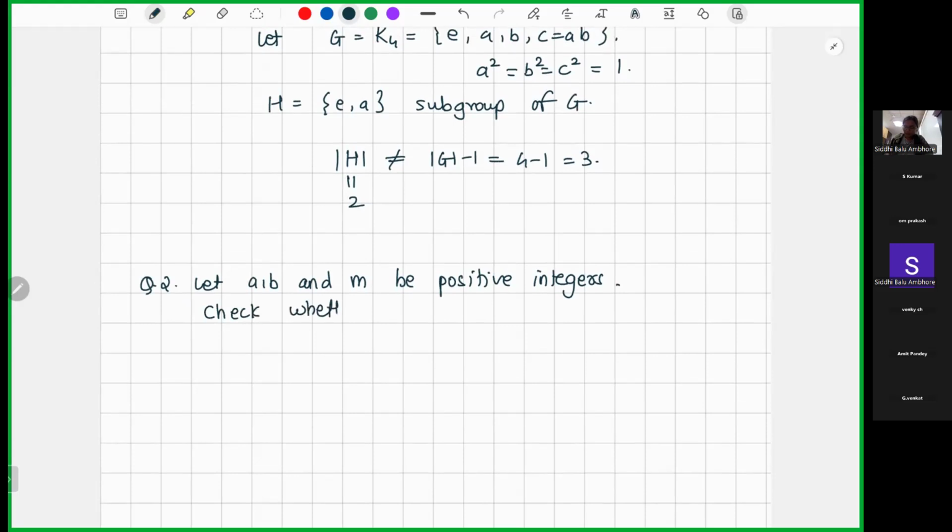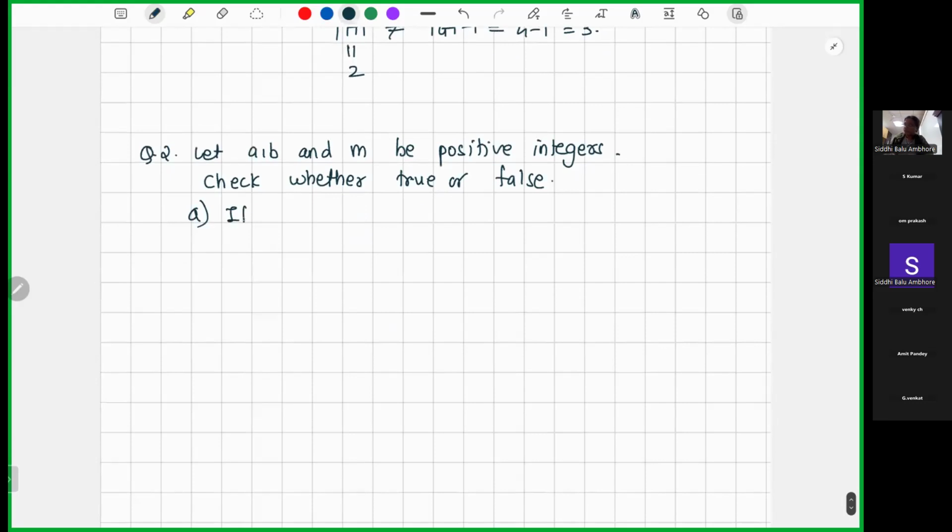So first is that if GCD of A comma M is 1, which is equal to GCD of B comma M, then GCD of A plus B comma M is also 1.